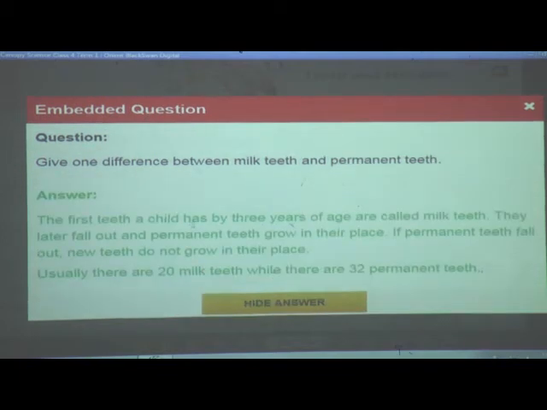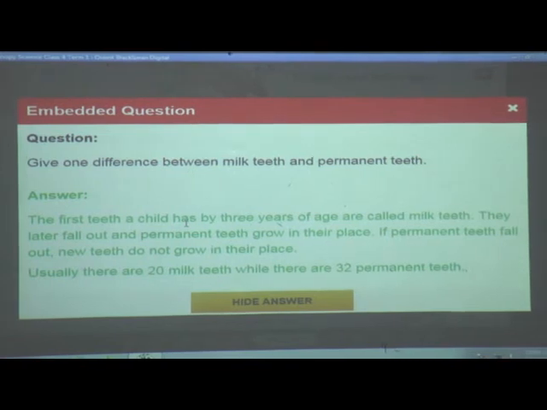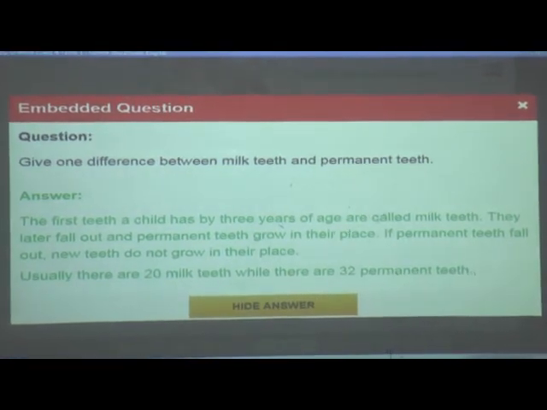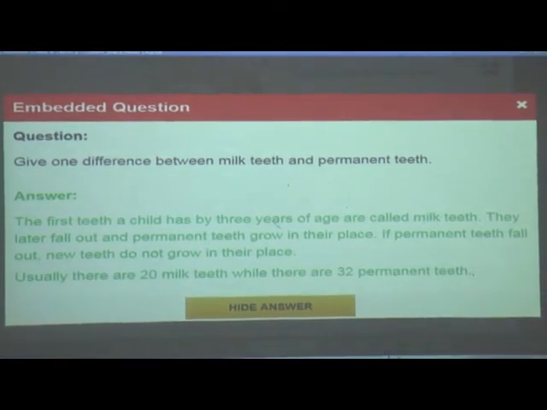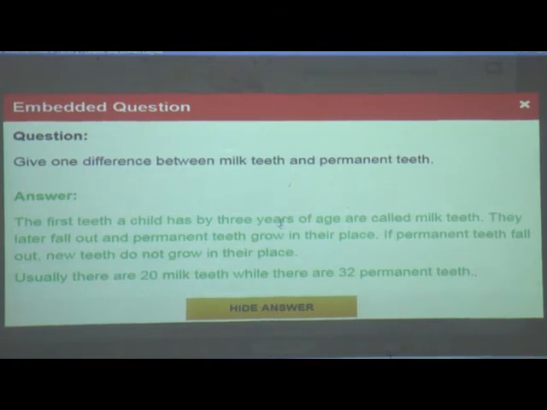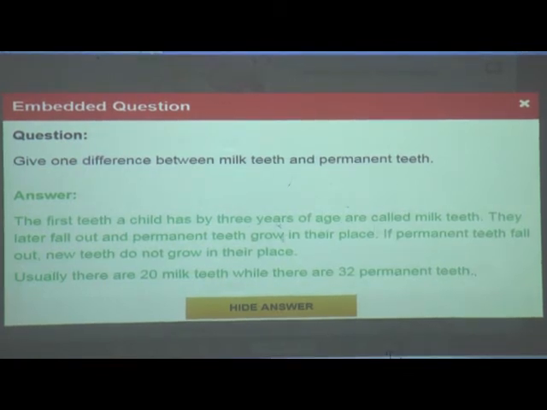The first teeth a child has by 3 years of age are called milk teeth. The first set of teeth is called milk teeth. They later fall out and permanent teeth grow in their place. If permanent teeth fall out, new teeth do not grow in their place.